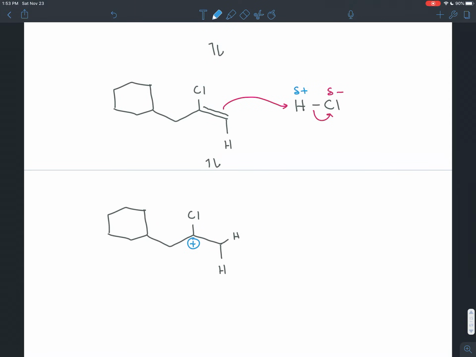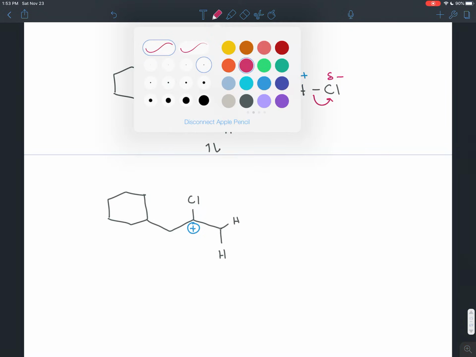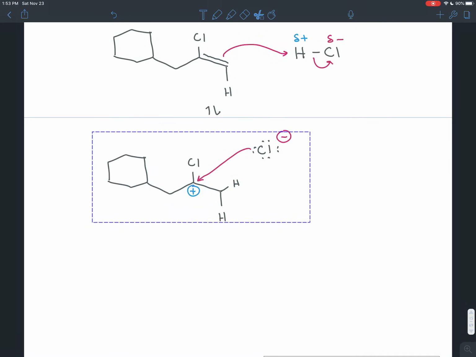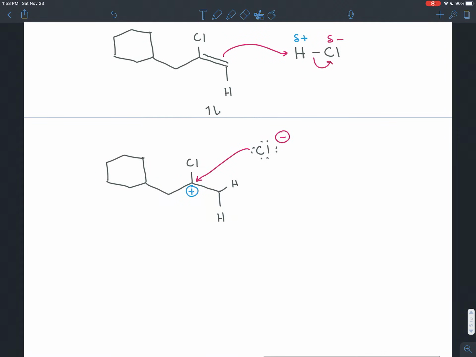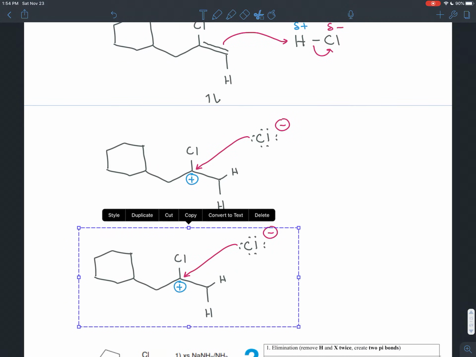is the hydrogen goes to the less substituted position again to create the more stable, more substituted carbocation, and then the chlorine that had left comes back and acts as a nucleophile to attack that carbocation. So it has a full negative charge that attacks that positive charge there, and you end up with your product.